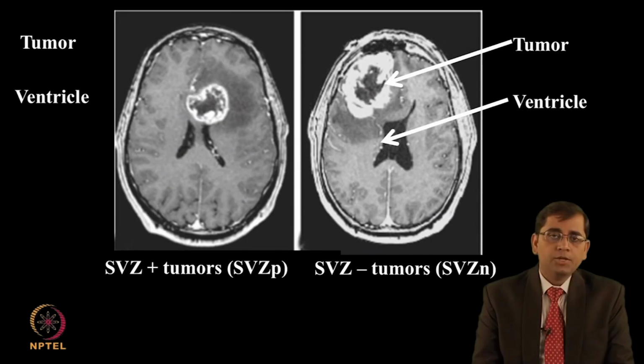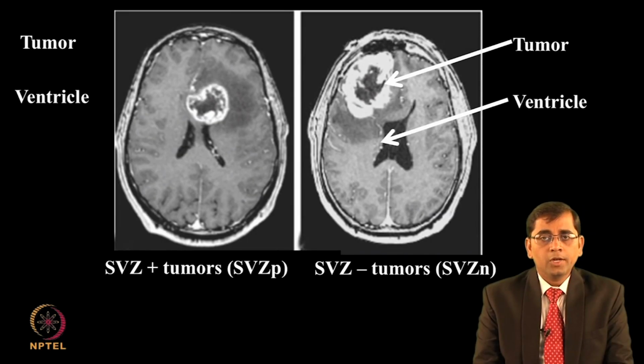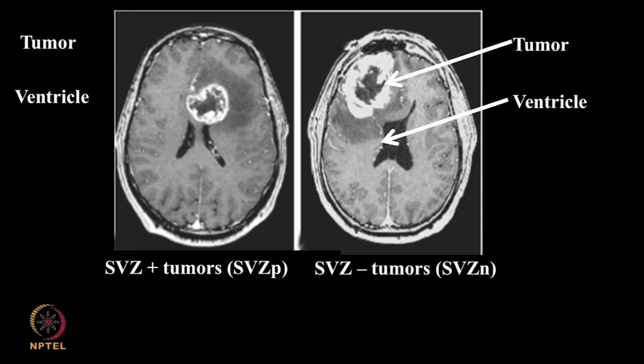It has been observed by the clinicians that if glioblastoma multiforme tumors occur in the subventricular zone of the brain, known as SVZ positive, the prognosis of such patients is poor as compared to the grade 4 tumor occurring outside the SVZ region, or SVZ negative.